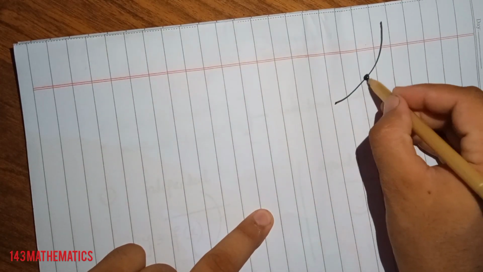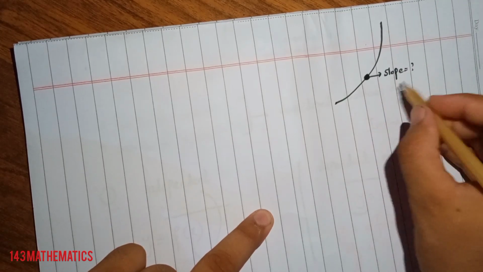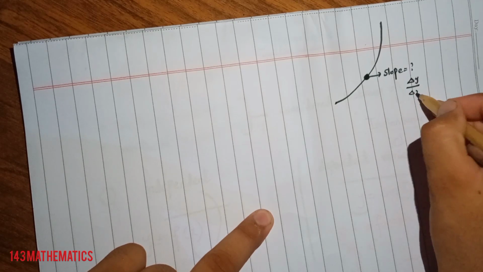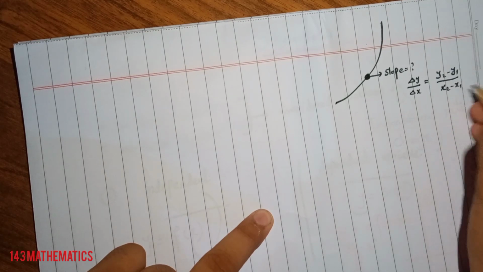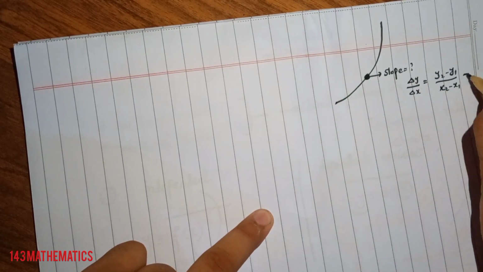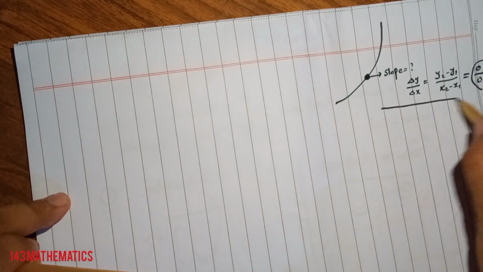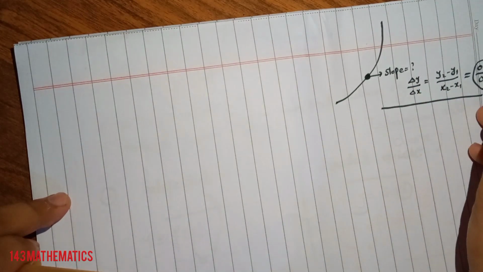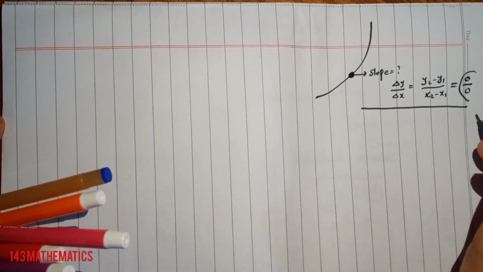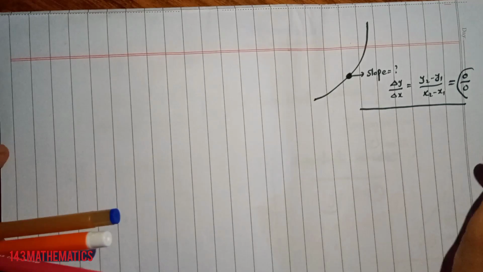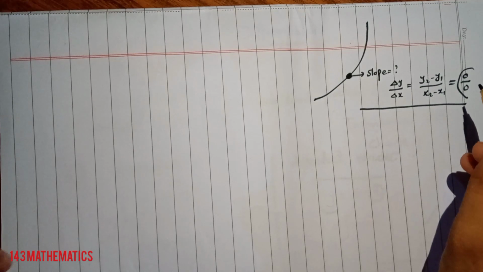Slope at this point will be delta y by delta x, where delta y is y2 minus y1 and delta x is x2 minus x1. There is no change in x as well as y, so this will be 0 over 0 form. The problem is how to find the slope at a point, because this is 0 over 0 form, called an indeterminate form. How can we solve this problem? Here we will apply the concept of derivative.